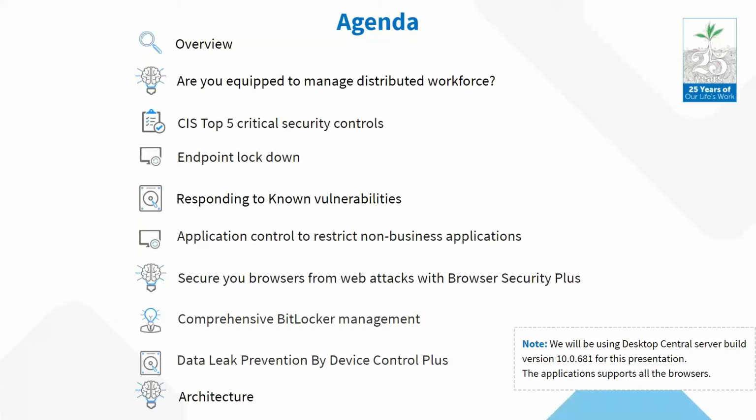We'll also look at the comprehensive BitLocker management that's available with the security add-on feature. We'll also look at data leak prevention by Device Control Plus. If time permits, we'll look into the architecture as well.